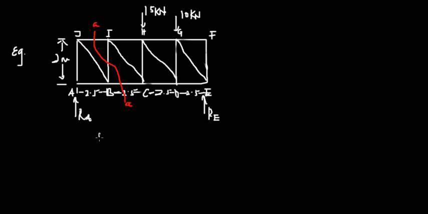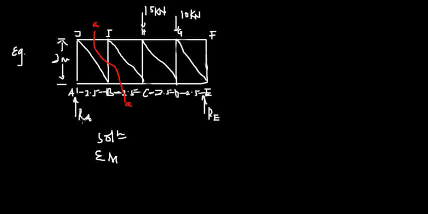reactions. So let's look at the solution. We are taking moment about point E so that we could find RA. In case we were to find RA, we would have taken moment at point A, but this question is based on the left hand side of the structure.